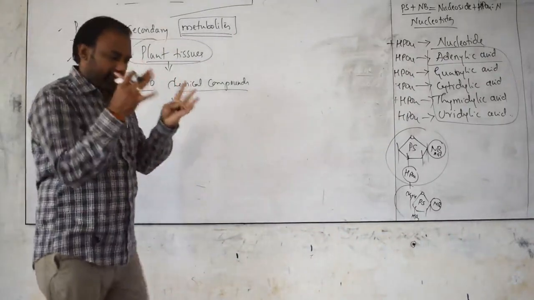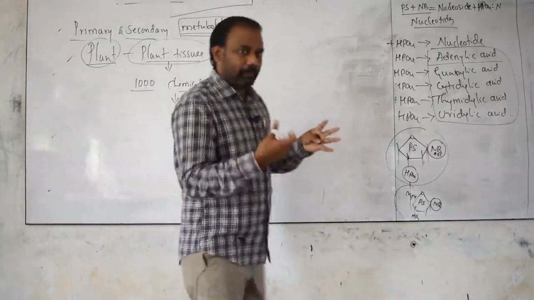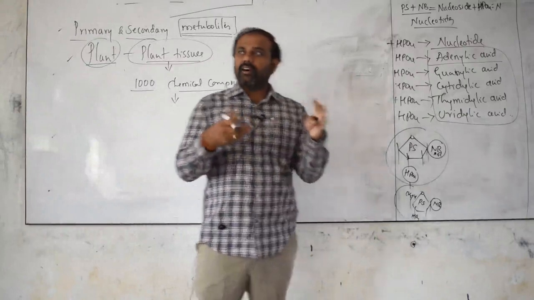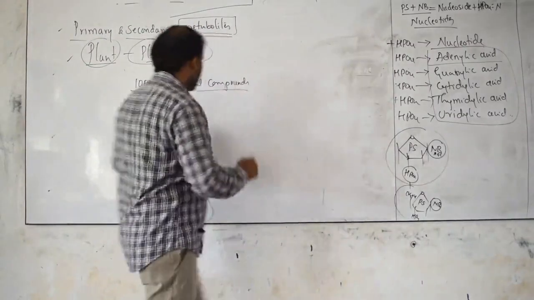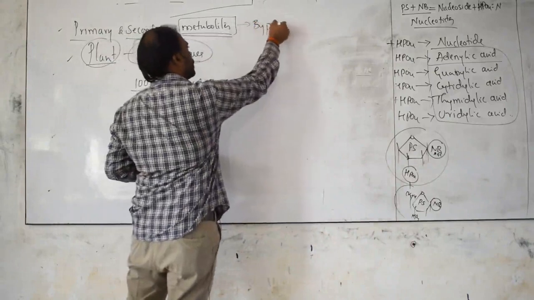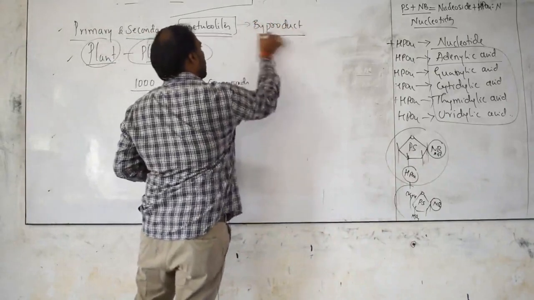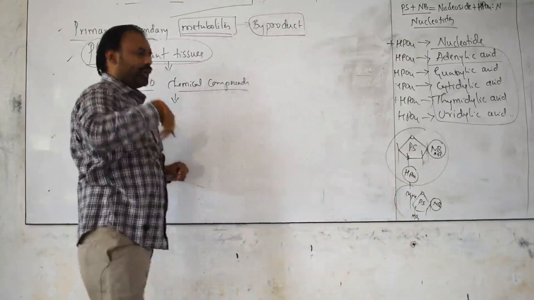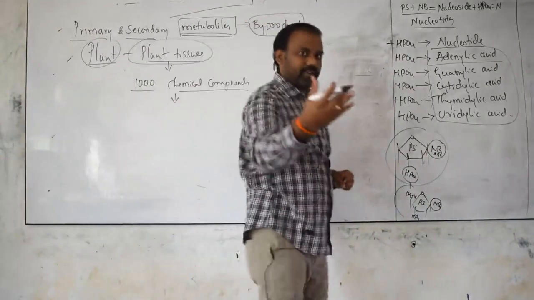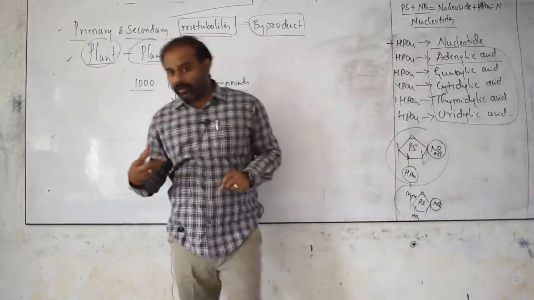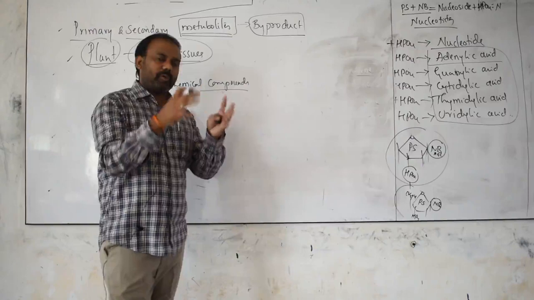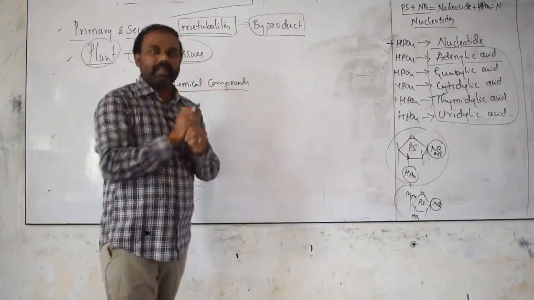Whatever is produced by the plants, we can call it a byproduct. The better word is byproduct. Metabolites means byproduct. I mean to say that during growth, during vernalization, flowering, bud formation, root formation, the plants produce different chemicals.